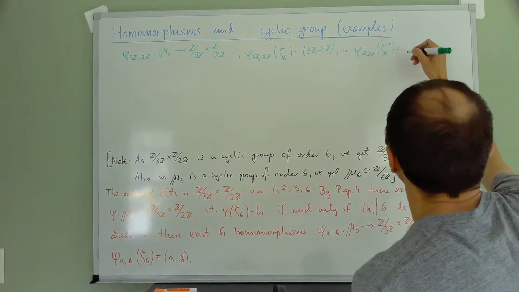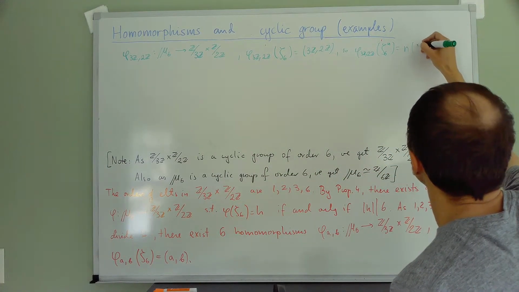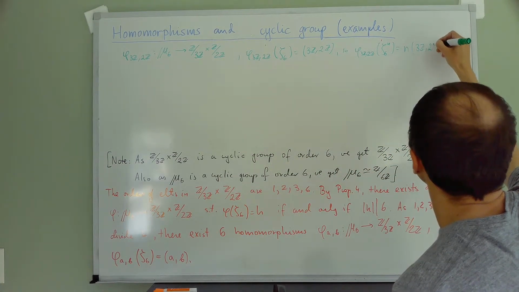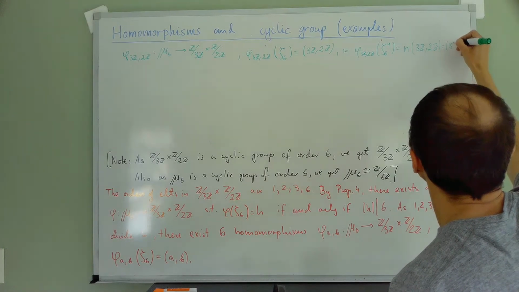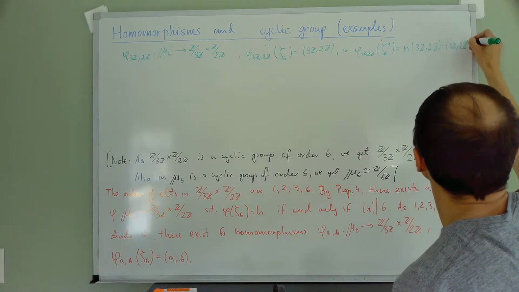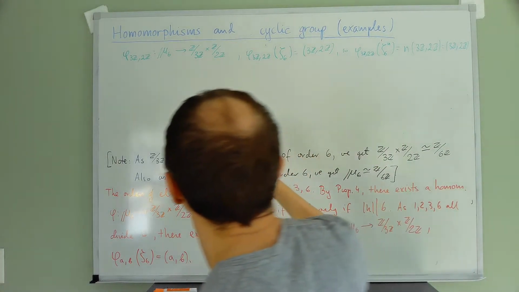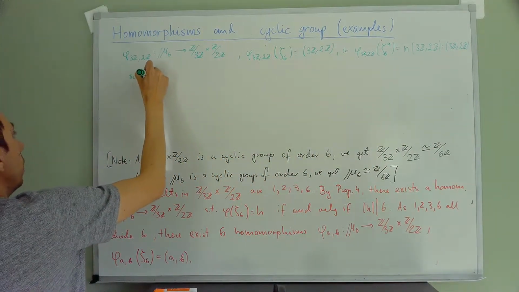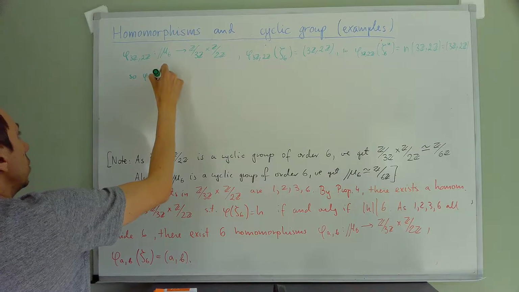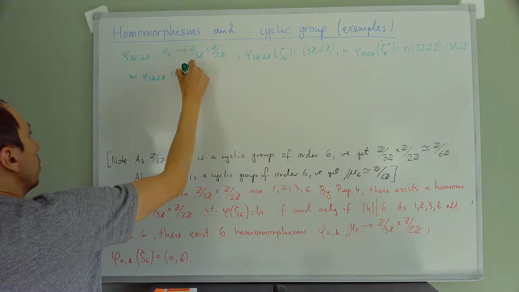So I get that this is n times 3Z, 2Z. Oh, but that's still 3Z, 2Z. So phi 3Z, 2Z is the trivial homomorphism.